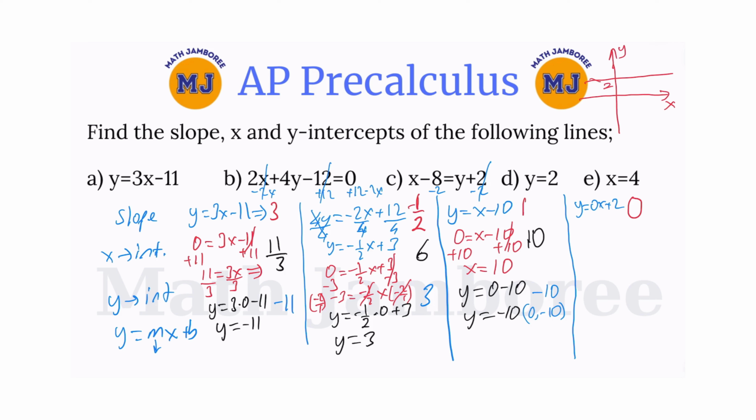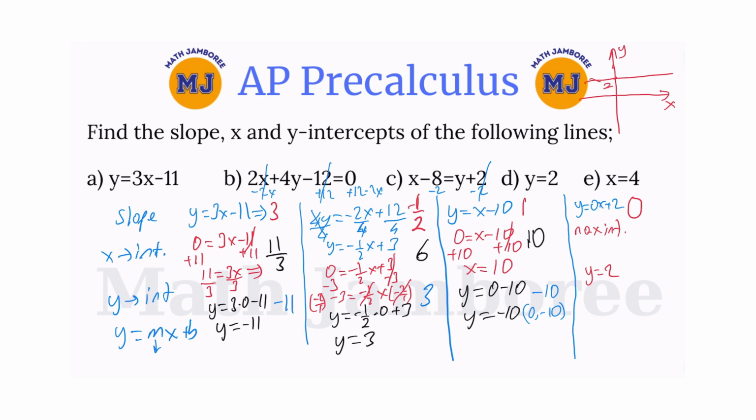So there are no x-intercepts on this one because it's parallel. What about the y-intercept? Yes, the y-intercept is exactly on 2, obviously. y equals 2.